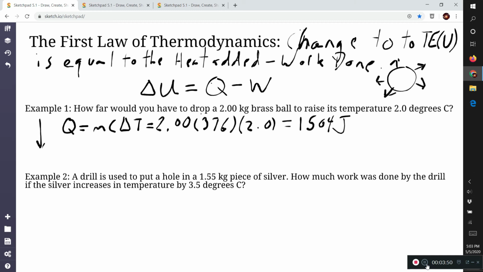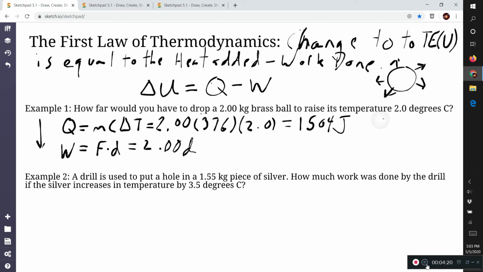Now the work done on the system, work is force times distance. So in this case, we have 2.00 times a distance that we don't know. Well, if all the work is transferred into thermal energy, which is what we're assuming here, because we don't have any other information to go on, we can just set that equal to each other. How does that make sense with our first law of thermodynamics? We're saying that in this situation, there's no change in total thermal energy.